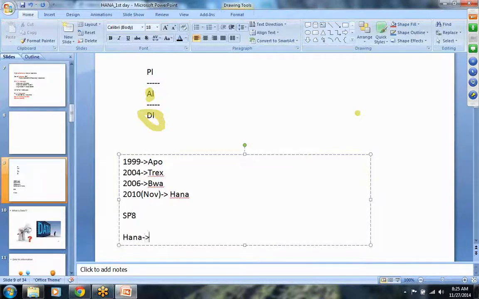If someone asks what is the version that you are learning in HANA, it is 1.0. 1.0 is nothing but your version. And what is the Service Pack? Service Pack is 8. So we are going to learn the HANA version 1.0 to the Service Pack 8.